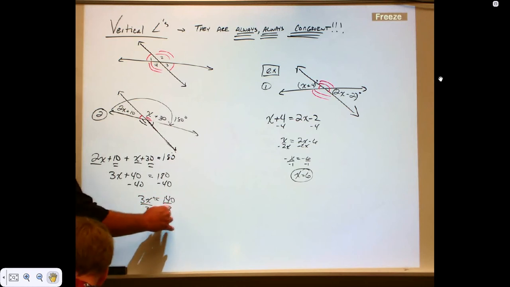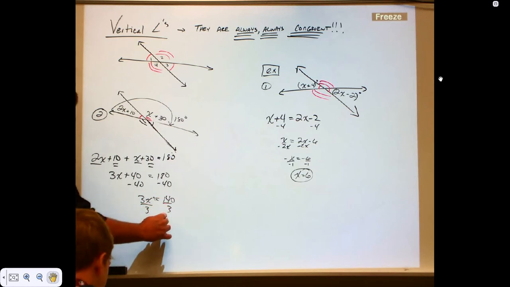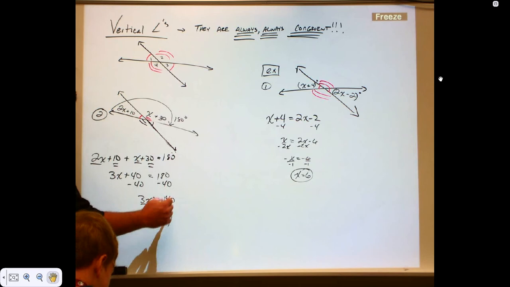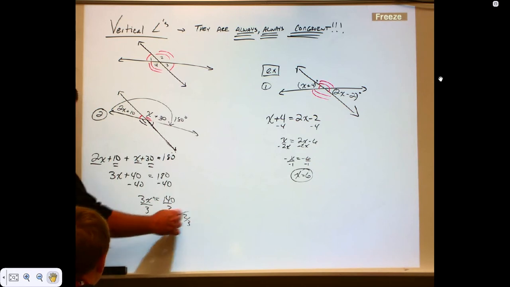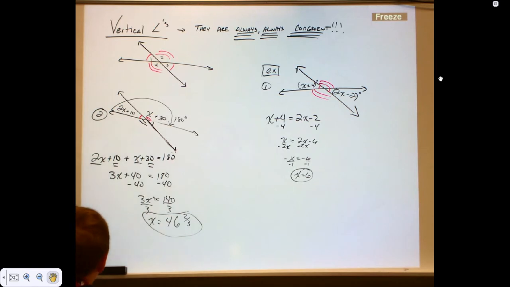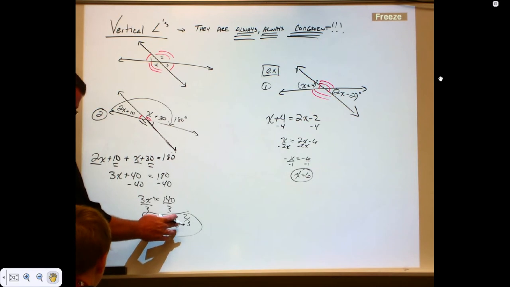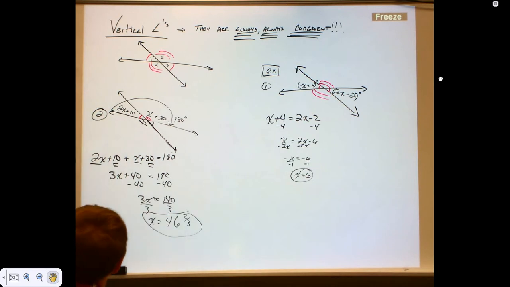Divided by 3. 46.6 repeating. 46 and 2/3, I think.